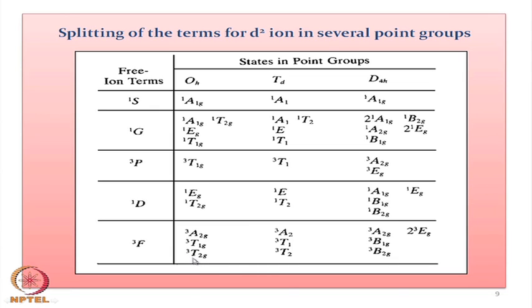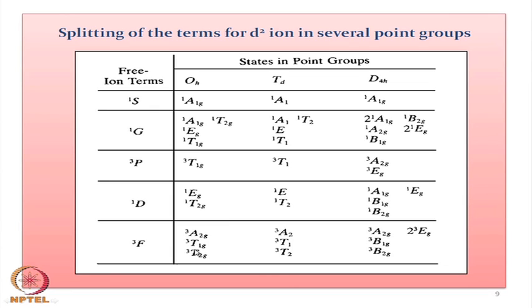If we consider that this ground 3F level defines one particular state in a weak field, that means a weak crystal field strength, it can have 3T2g as the ground state, and that 3T2g ground state will give rise to the corresponding transitions from 3T2g to 3T1g or 3T2g to 3A2g.